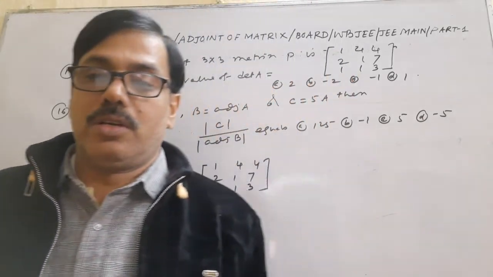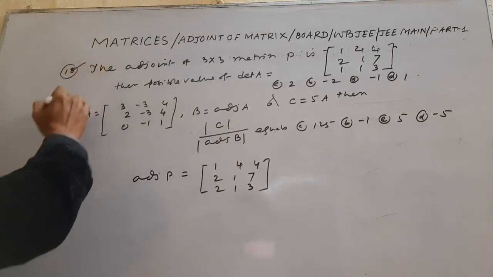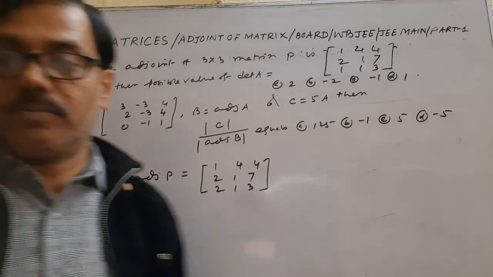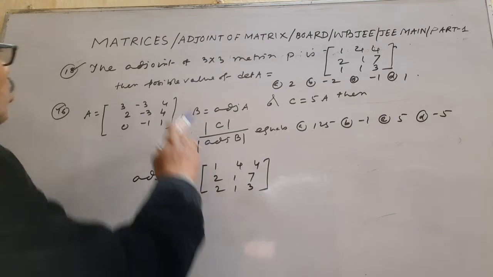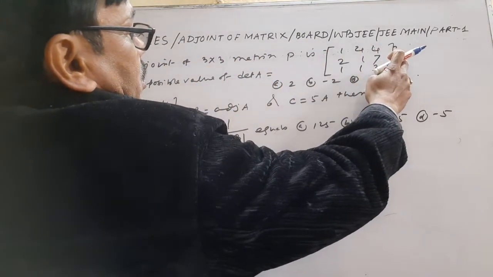Now we consider two problems of JEE main. So the adjoint of 3 into 3 matrix P is this.